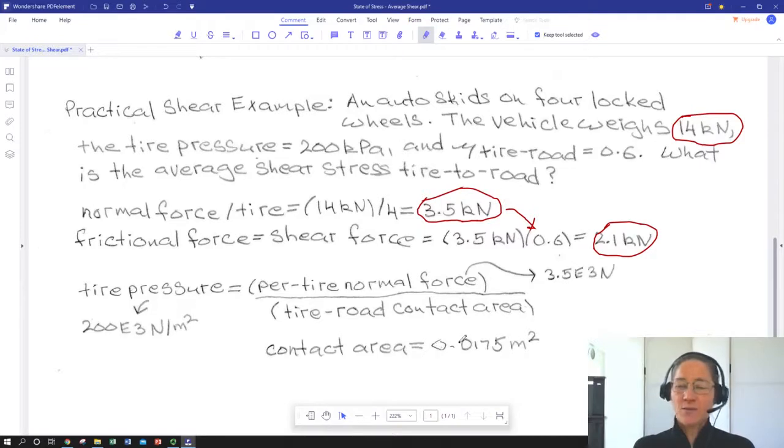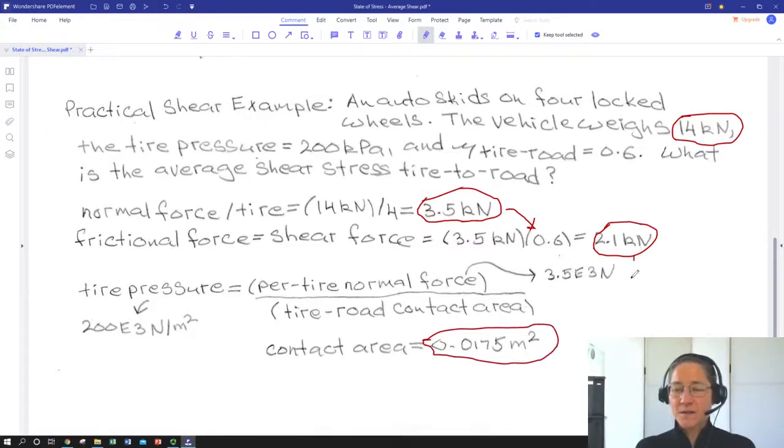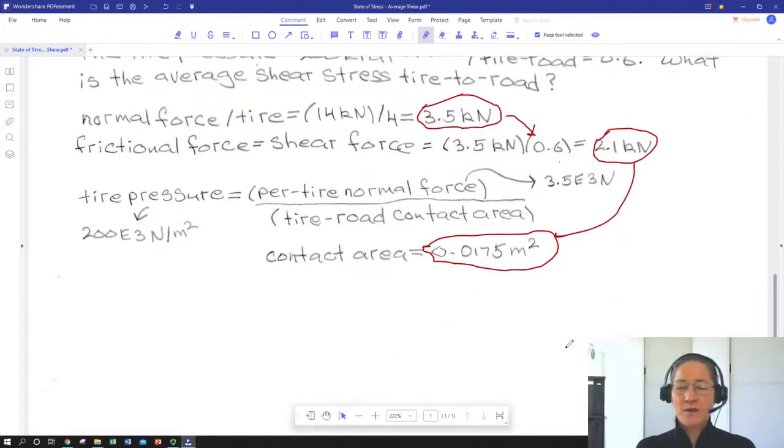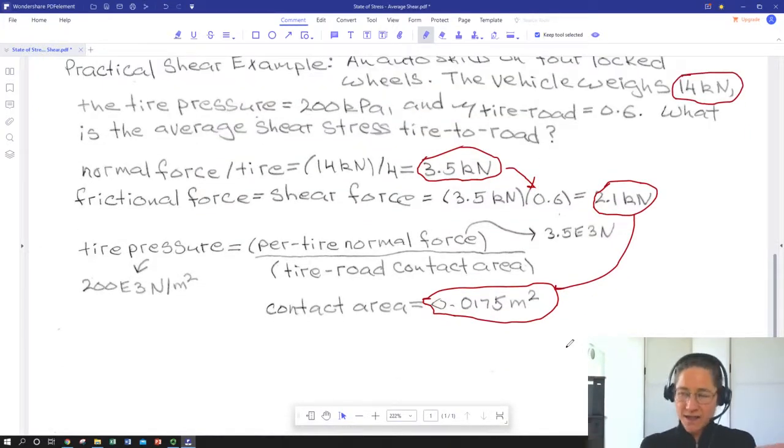So we can get our shear stress by dividing the frictional force by the contact area, and that'll give us our total shear stress felt at the tire to road interface on average. It probably won't be uniform over that entire 0.0175 square meters of contact, but that'll be the average. So why would we care?